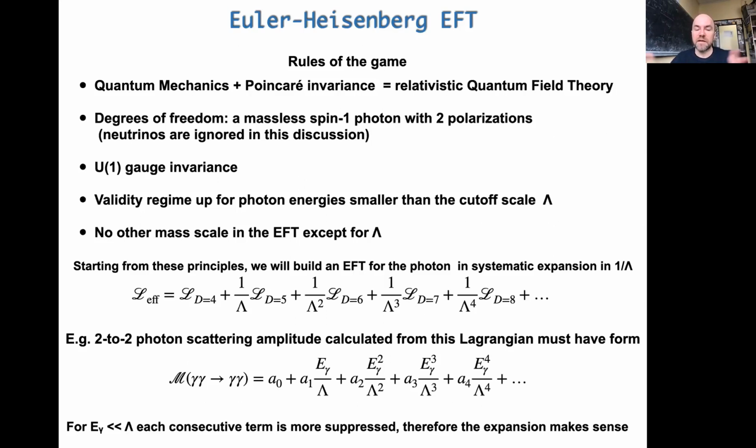Then we can take again the photon field and build all possible terms of dimension 6, and these have to be suppressed by lambda squared, and so on. So at the level of the Lagrangian, we have this clear expansion in the dimensions of consecutive terms, and the scale that serves as the expansion parameter is lambda.